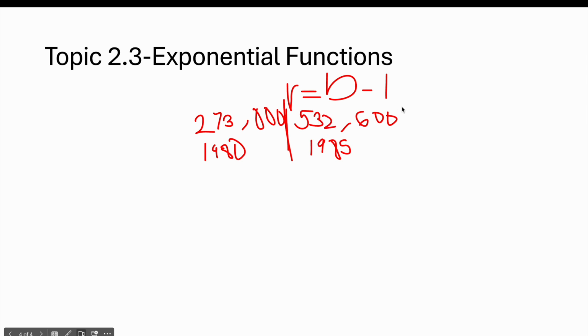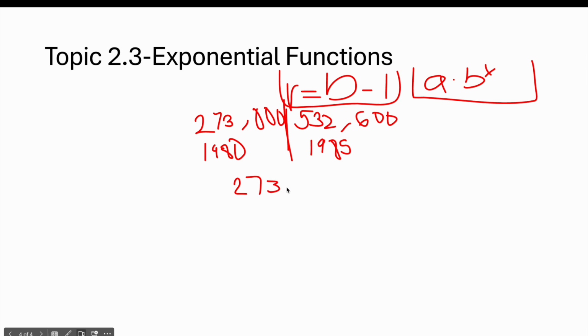And 532,600. So how you would find b is you have this equation, right? But then you also have the original equation for modeling an exponential function, which is a times b to the x. That would give you 273,000 times something to the power of x.